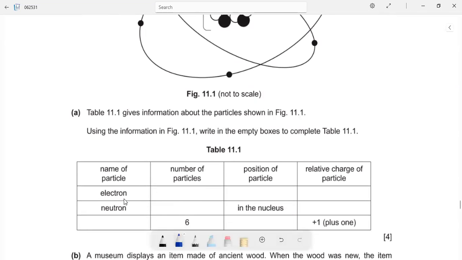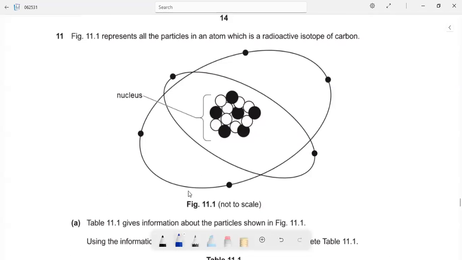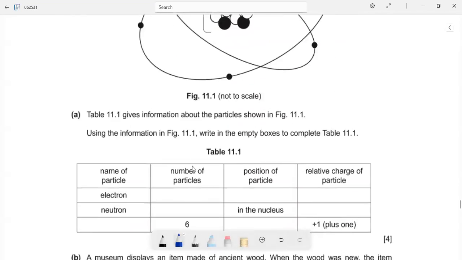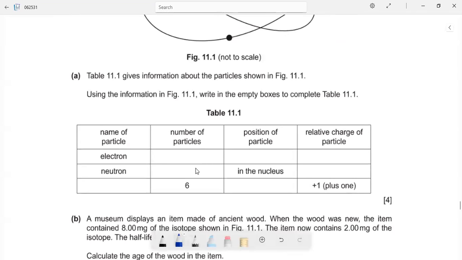The name of the particle, here it is given as electron. Number of particles: 1, 2, 3, 4, 5, 6, in the outer electron orbit. Total 6. The position of the particle is orbiting around the nucleus.